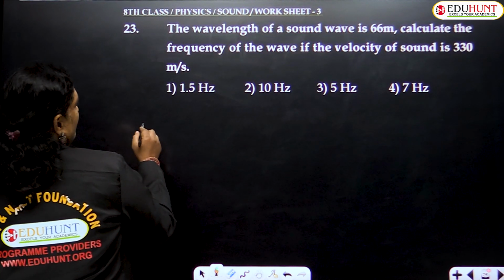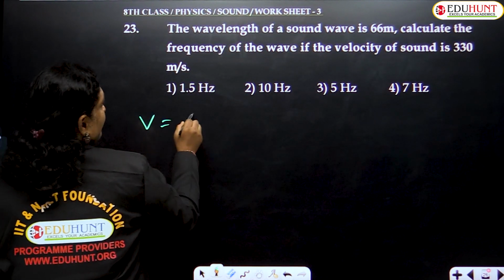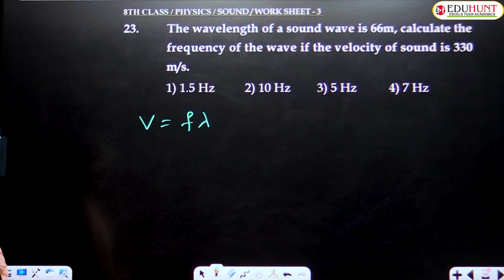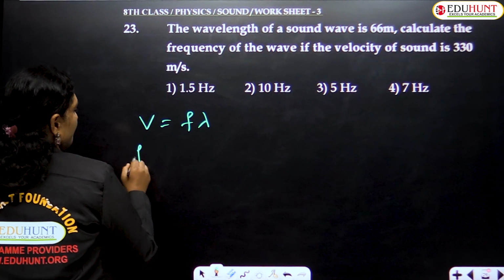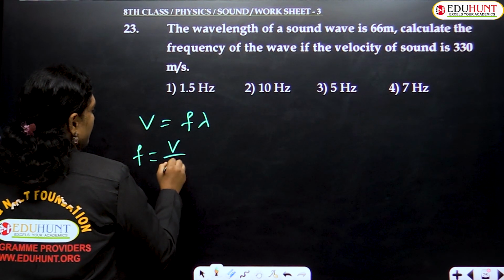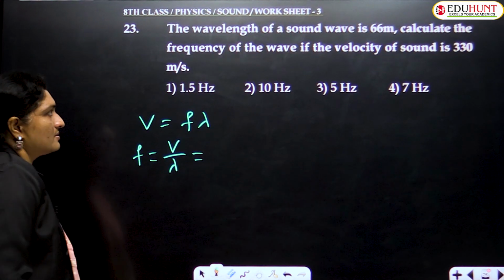What is the relation between the wave velocity, frequency and wavelength? Of course, V equals F lambda. Frequency F must be equal to, bring the lambda to the other side, V by lambda. This is what you are asked to find out.